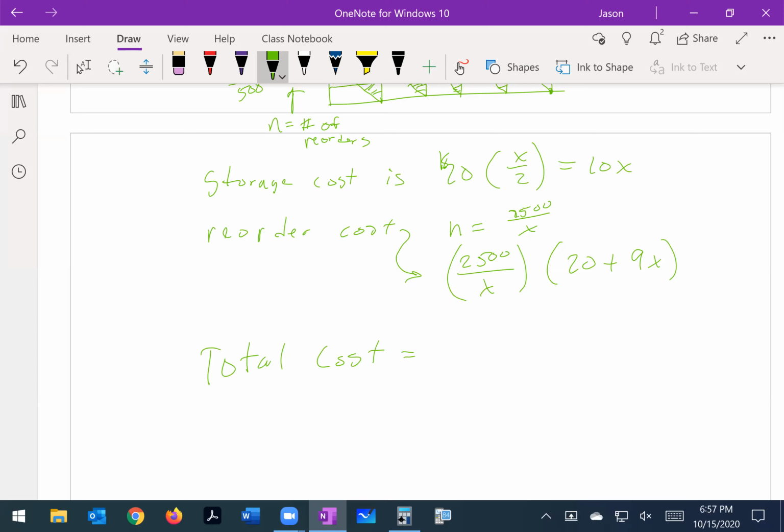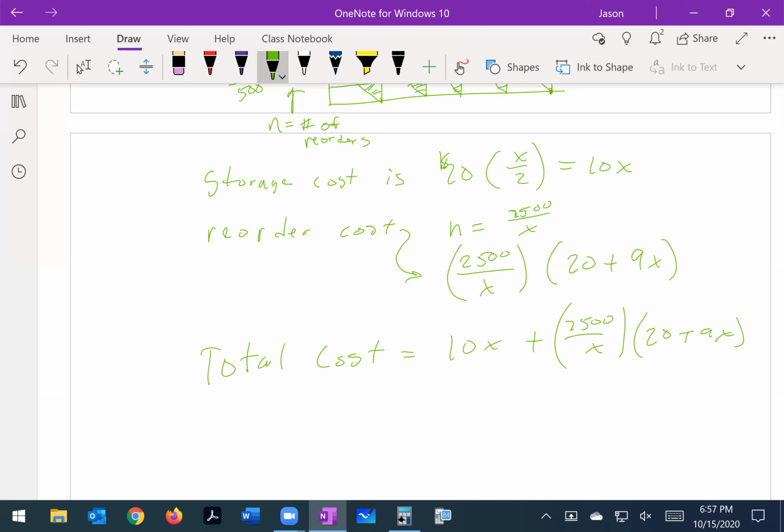So 20 divided by 2 is 10. So the total cost is 10X, my storage cost, plus 2,500 over X times 20 plus 9X, where again X is the lot size.